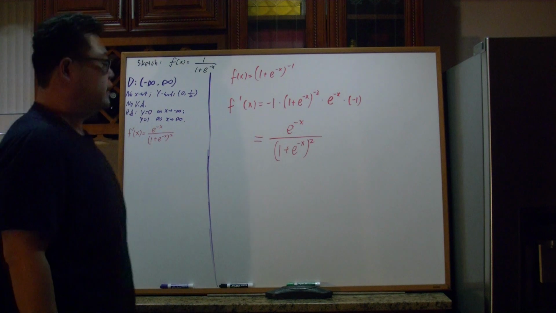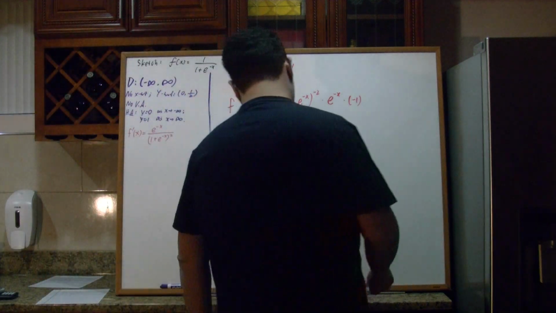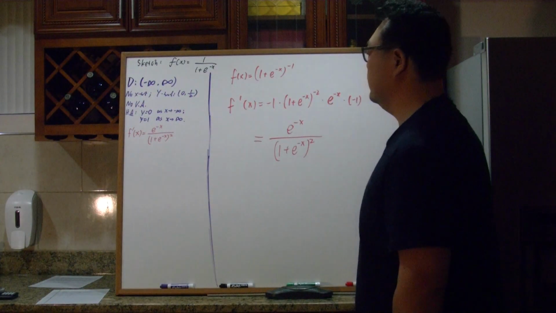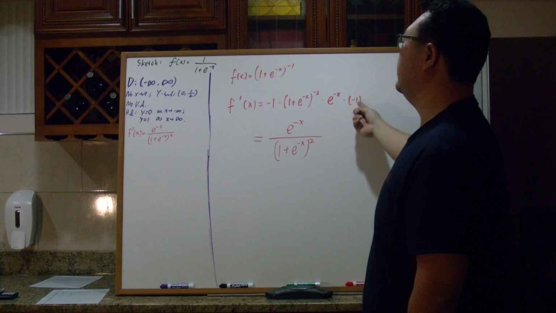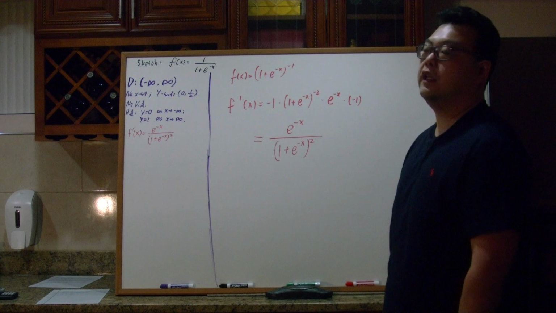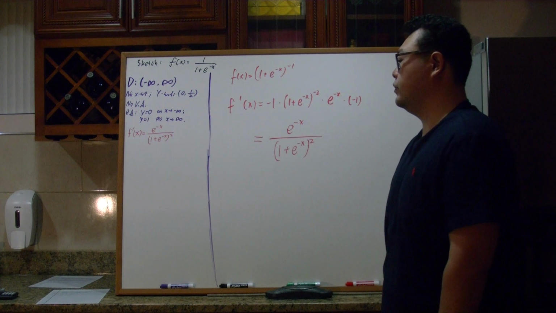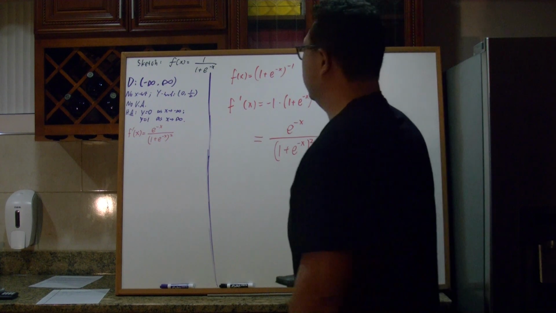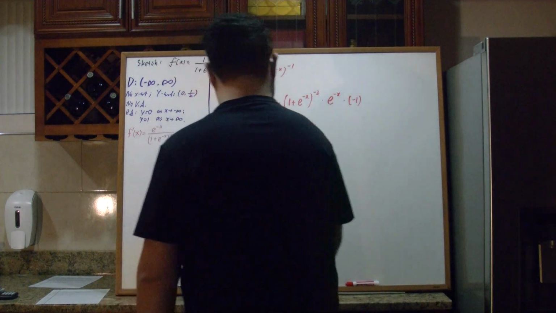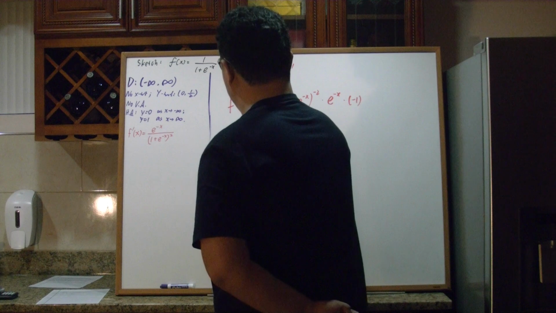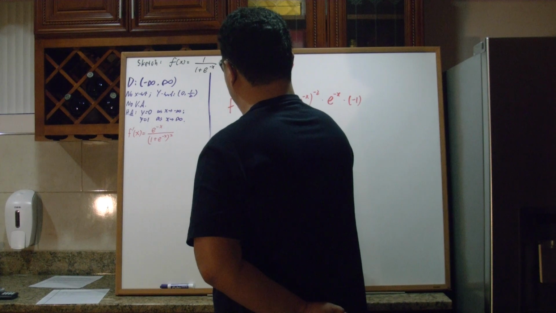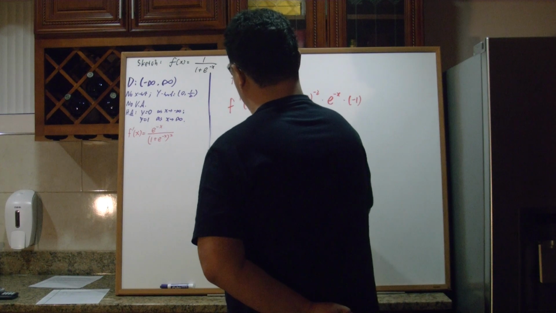Of course, it's always beneficial to find the derivative with a positive exponent, so maybe the negative 1 will not be necessary to show over there. But anyhow, this is defined everywhere.